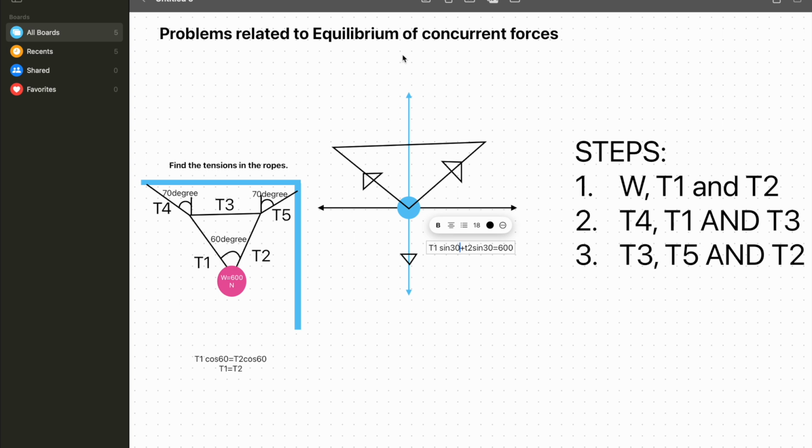So this right here the angle is 60, this right here the angle is 60, and this right here the angle is 60 as well.